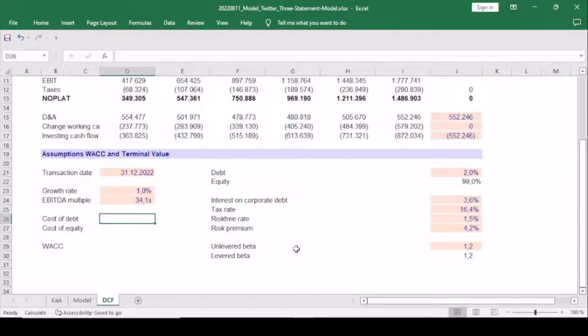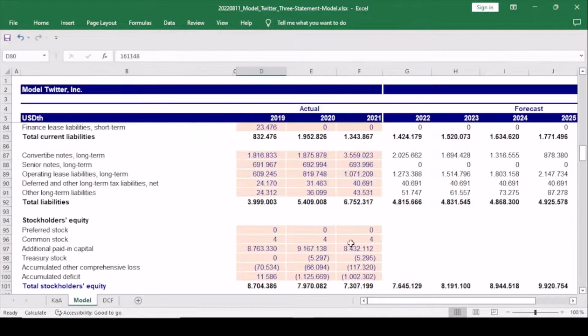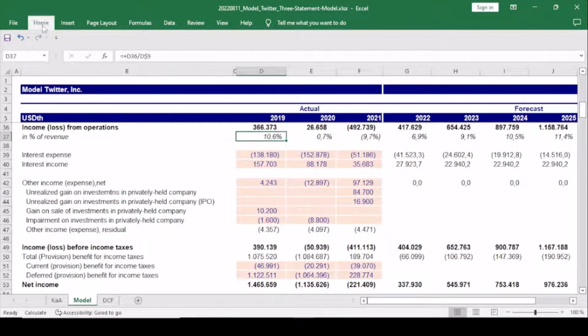Before that, we calculate cost of debt by multiplying the respective interest on corporate debt and multiply this by 1 minus the effective tax rate. Just adjusting format.